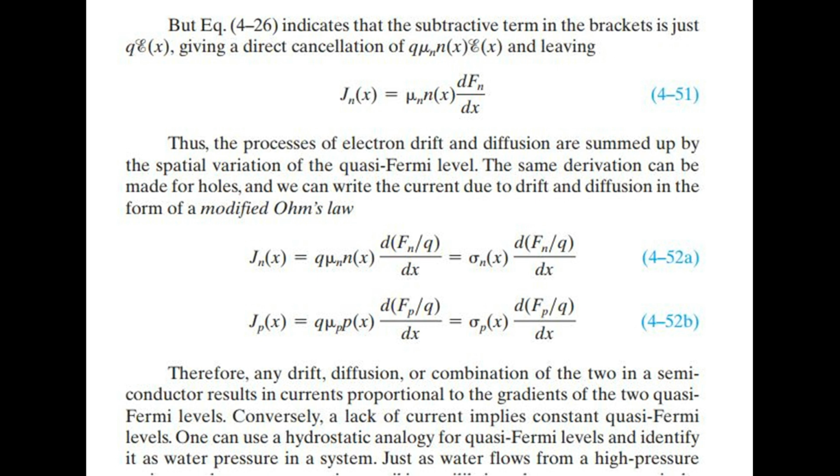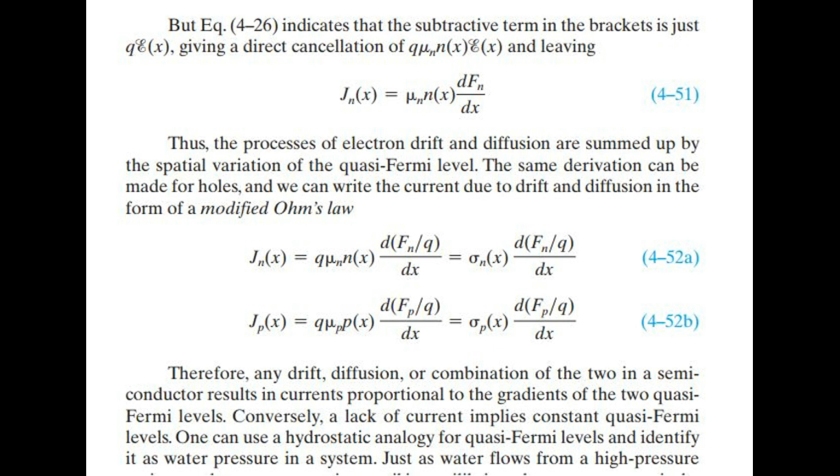One can use a hydrostatic analogy for quasi-Fermi levels and identify it as water pressure in a system. Just as water flows from a high-pressure region to a low-pressure region, until in equilibrium the water pressure is the same everywhere, similarly electrons flow from a high to low electron quasi-Fermi level region, until we get a flat Fermi level in equilibrium.